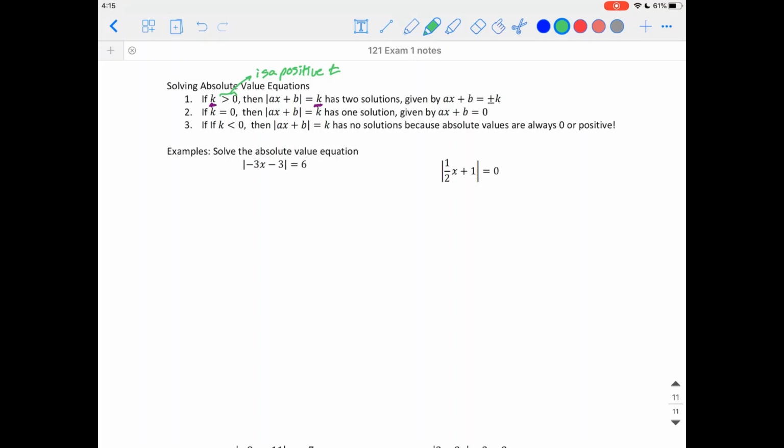If k is equal to 0, then you have exactly one solution. And if k is less than 0, then you don't have a solution because absolute values are always 0 or positive. There's no negative answers here.